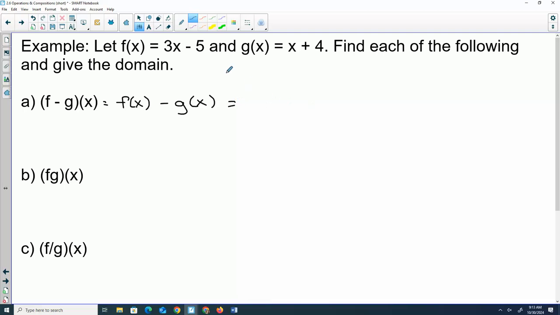I don't have a number to plug in, so f of x is the full expression, 3x minus 5, minus g of x, which is x plus 4. If you're going to subtract those, what do we have to do? Distribute the negative through.